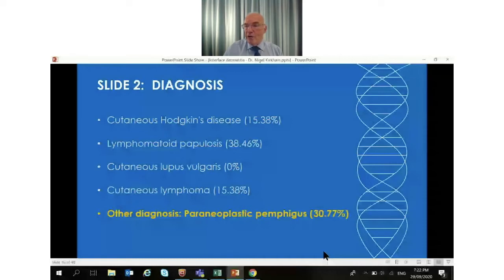Nobody went for lupus vulgaris, which is quite understandable because it doesn't show any granulomas or anything like that. And lymphoma was really excluded by looking at the immunohistochemistry in detail. Ultimately, this case is still a little bit open because we don't know what the underlying malignancy was. Not everybody with paraneoplastic pemphigus is found to have an underlying tumor, apparently.